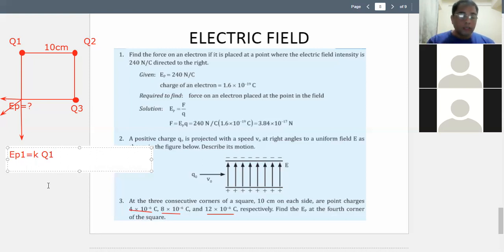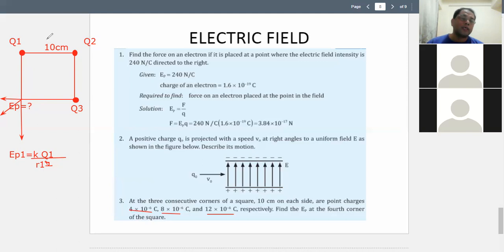So that's basically your R sub 1. But R sub 1 will be squared. So we are going to square this value. How long is r sub 1?